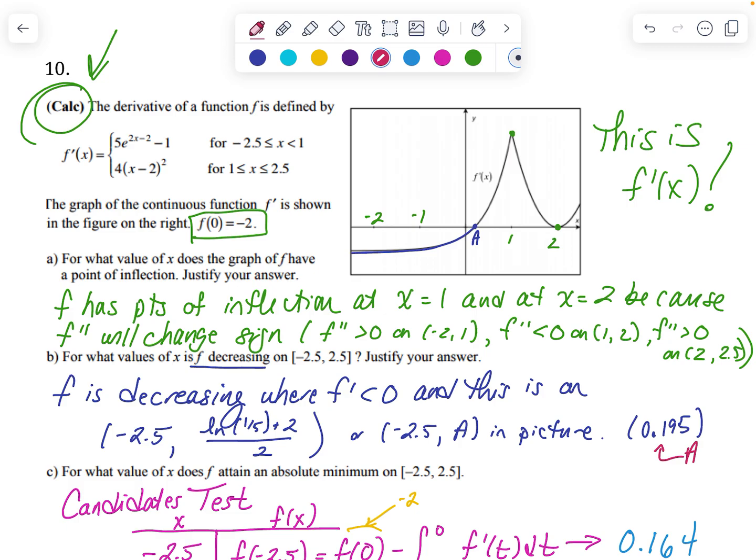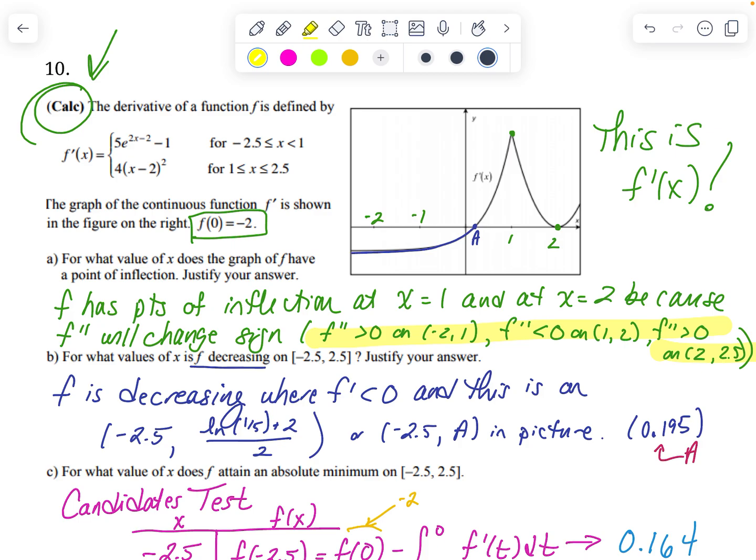So we would have points of inflection at 1 and at 2, because that is where the derivative of the given graph will change sign. Notice the derivative speak that I have over here. You would have beautiful, beautiful words, things like this that you would include explaining either side of 1 and either side of 2.